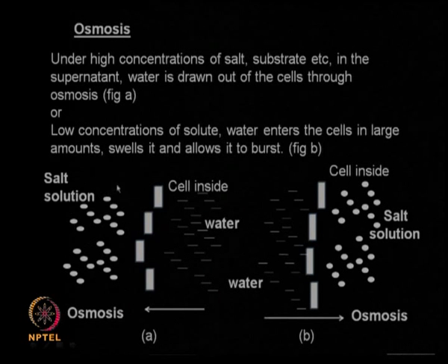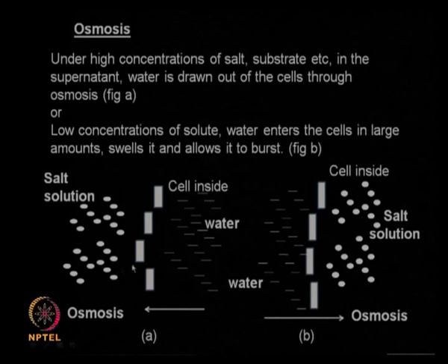Okay, so this pictorially tells you how the concept of osmotic pressure works. Outside you have a salt solution and inside you have water, correct. So the vapor pressure here is much higher than this because you have added salt, and the vapor pressure decreases.